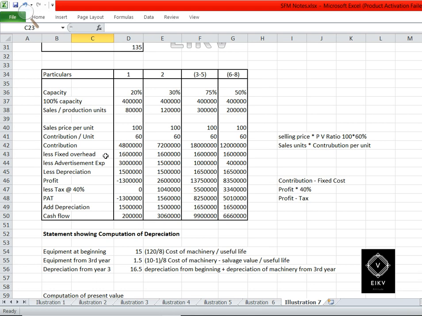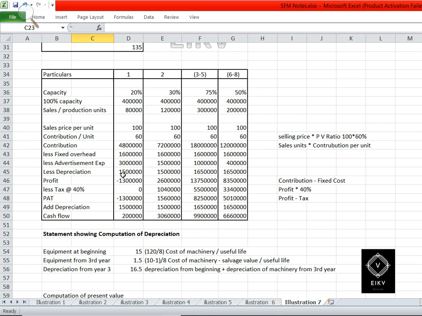Then we need to deduct fixed overhead, which is given as 60 lakhs each, administration expenses and advertisement expenses, which are given in the question as a separate table, less depreciation as 50 lakh, 50 lakh, 60 lakh 50,000 each in the respective years.